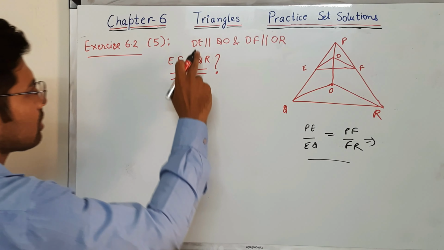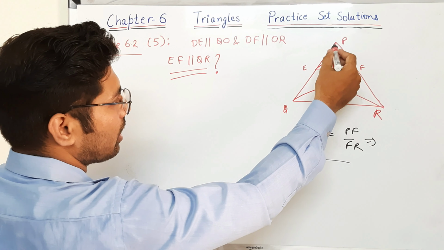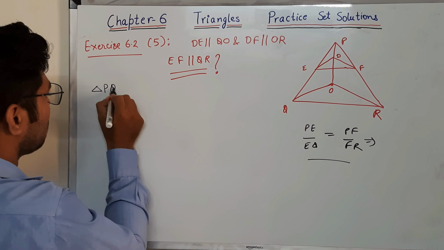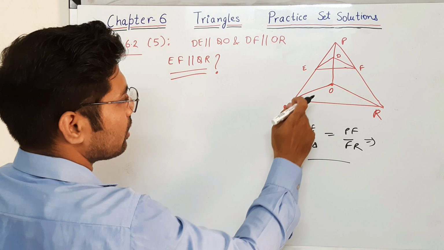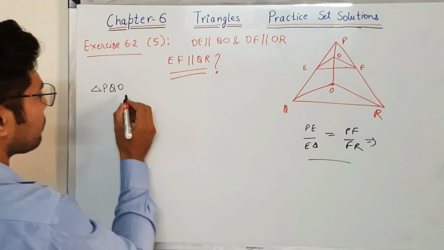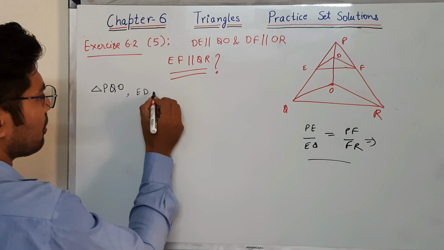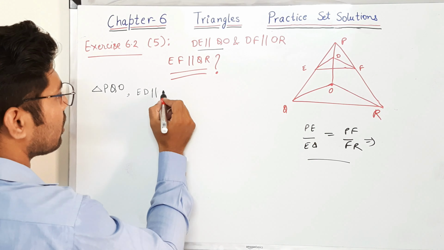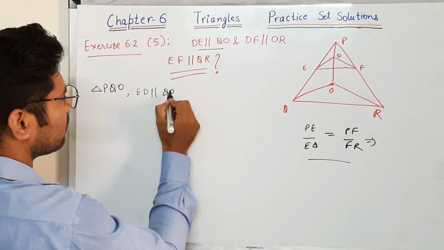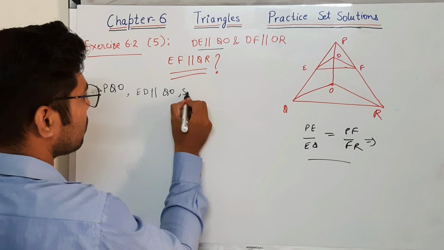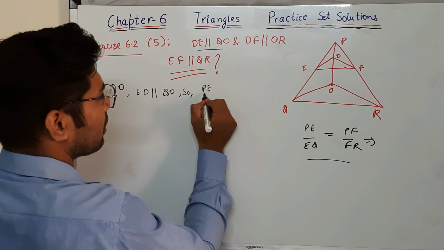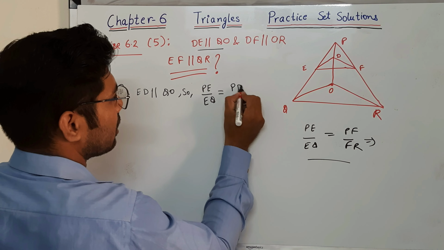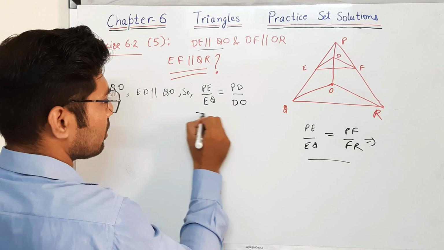Now take triangle PQO. You can see ED is parallel to QO, right? So PE upon EQ is equal to PD upon DO, correct?